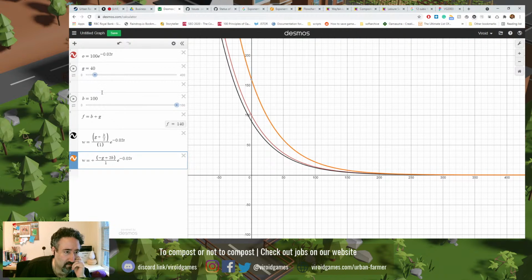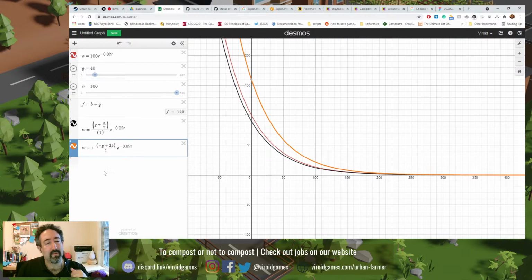When you have, what is this, 100 liters of brown.